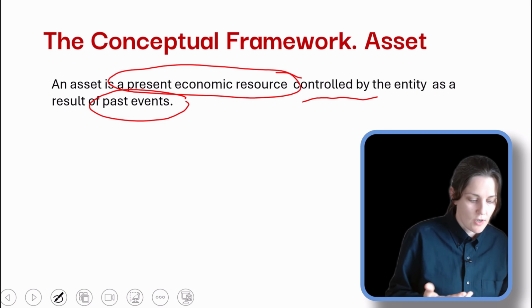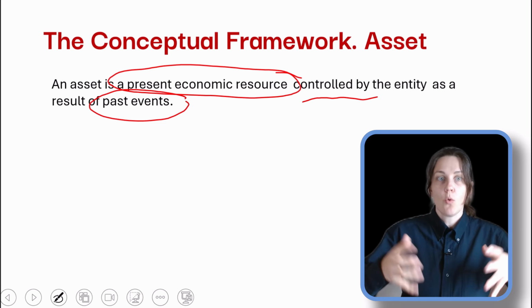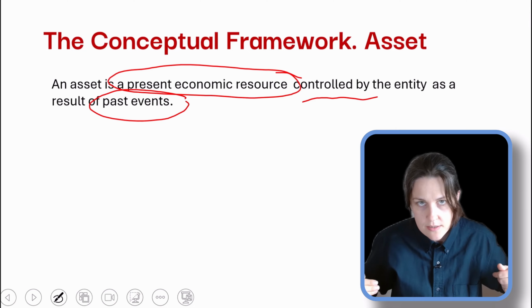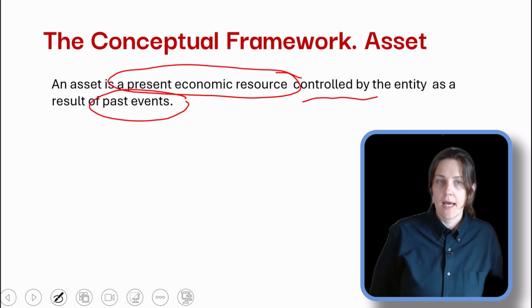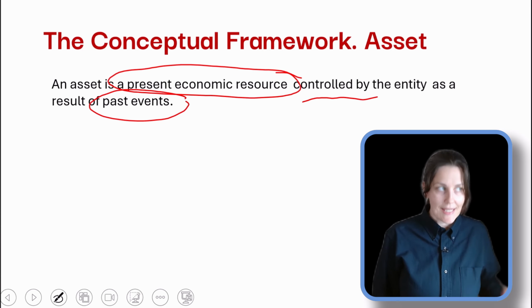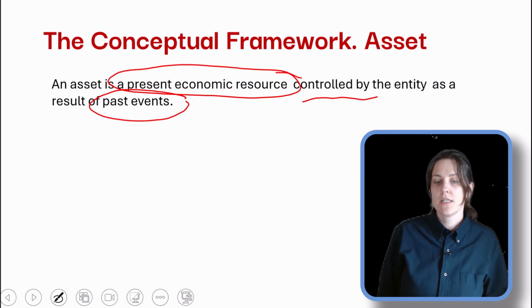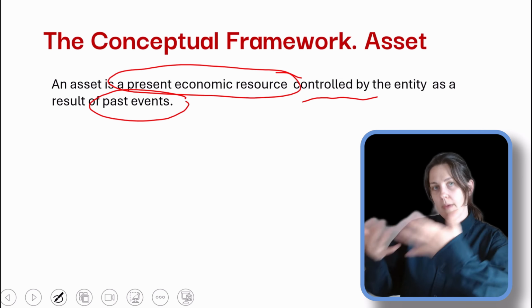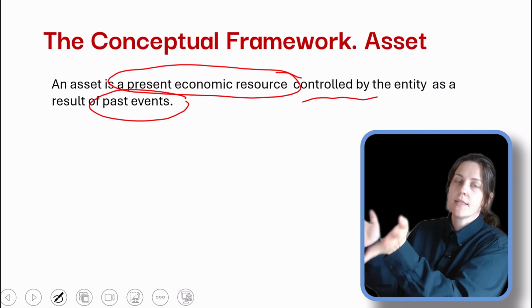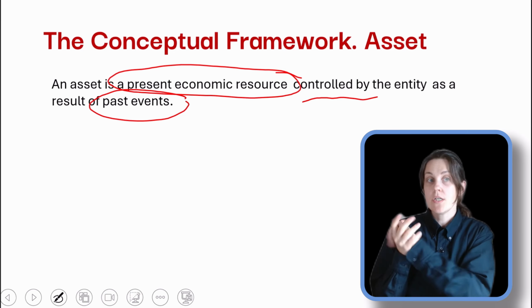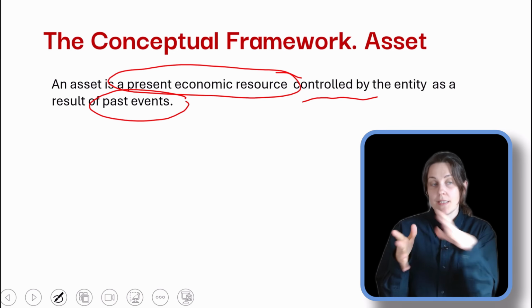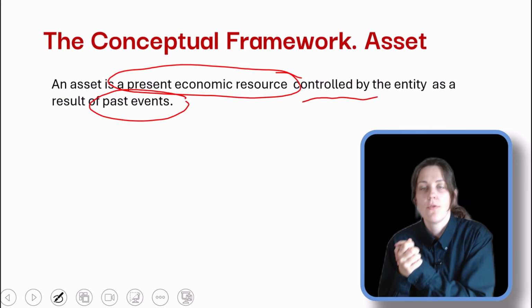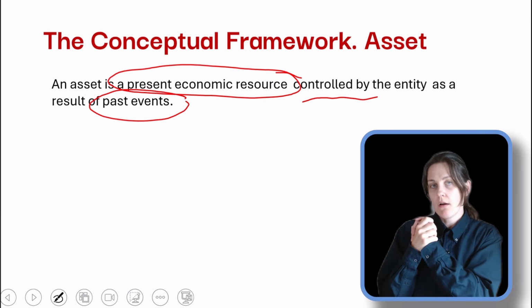Yes, it is an economic resource, because of this internally generated brand we will be able to charge higher prices or get more clients. Is it controlled by the entity? Yes, it is controlled by the entity because we are legally protected from anybody else benefiting from our brand name, like, let's say, Coca-Cola. So according to the conceptual framework, it meets the definition of an asset. So theoretically, it has to be recognized.